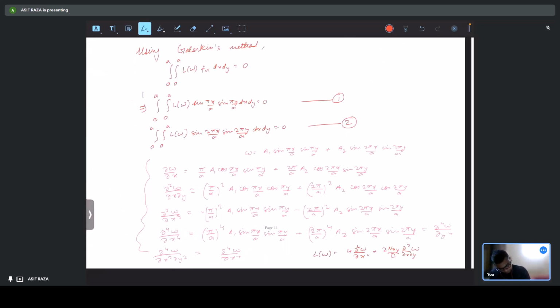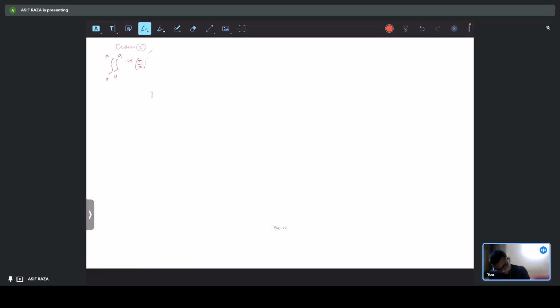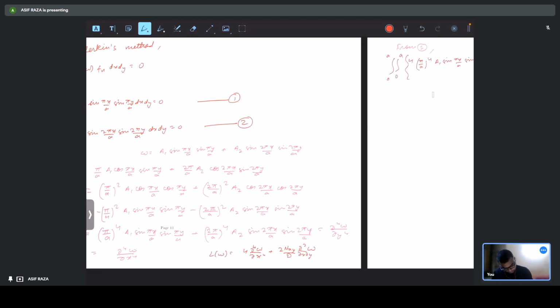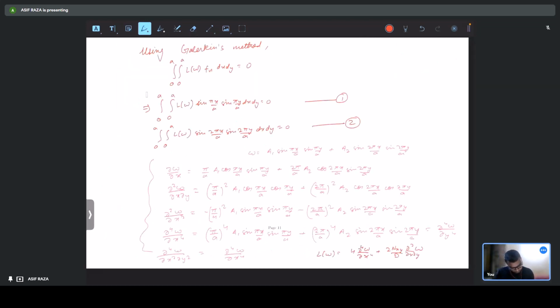For (pi by a) to the power 4 a1 sin(pi x by a) sin(pi y by a) plus 4 (2 pi by a) to the power 4 a2 sin(2 pi x by a) sin(2 pi y by a), multiplied with, still plus 2 nxy by d del square w by del x del y square del x del y.